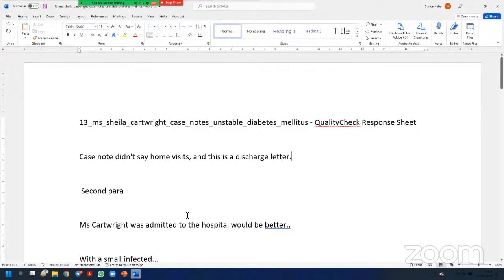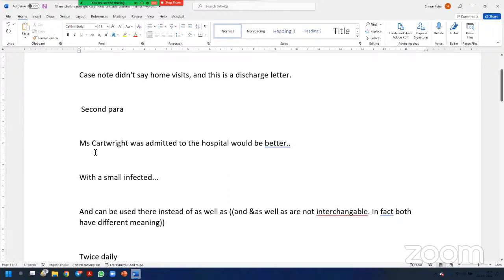Okay, fine. So in the second paragraph, you can write, Miss Cartwright was admitted to the hospital. This you can write in the second paragraph. So that is one example.